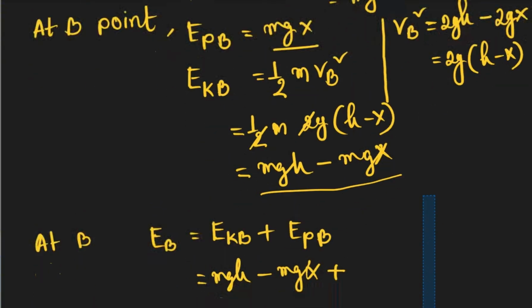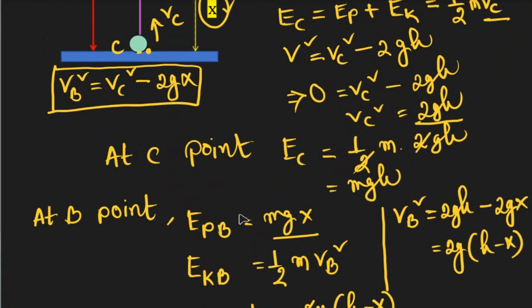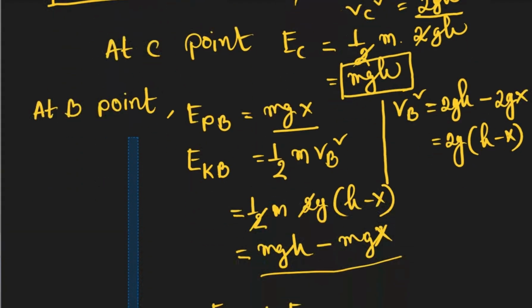The mgx cancels out. So the total energy at point B is mgh, which is equal to the total energy at point C as well. So remember, the total energy at point C is the same as at point B.